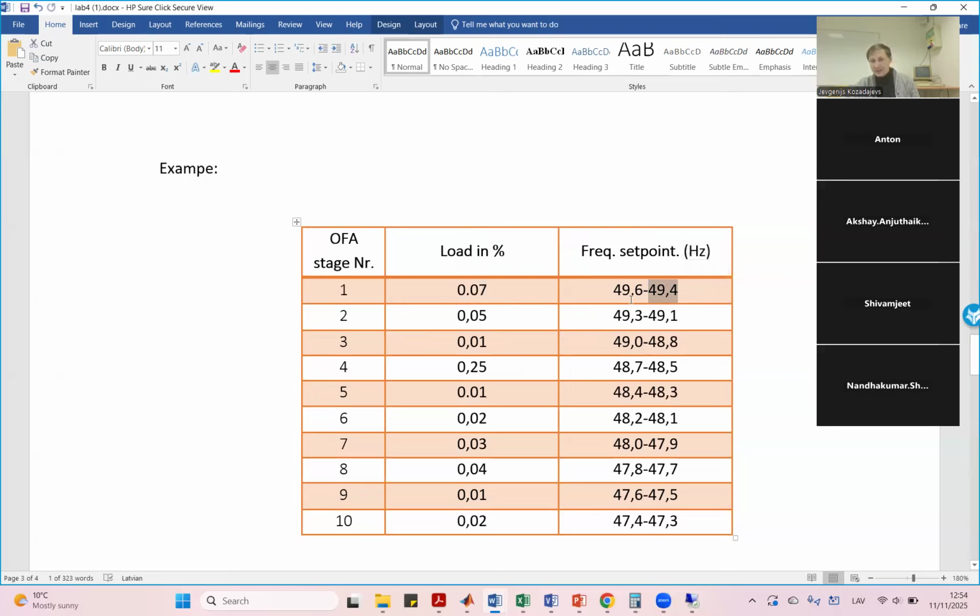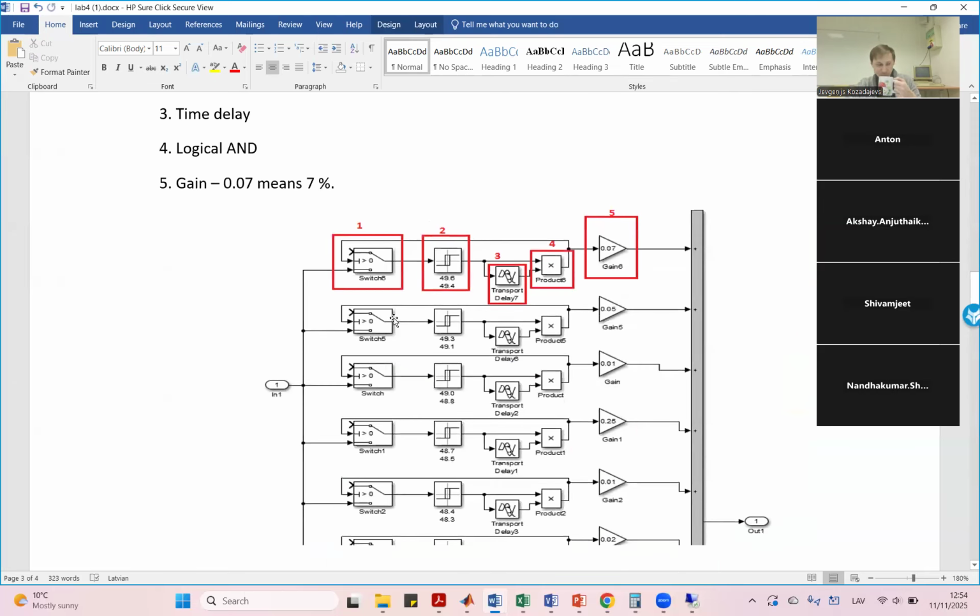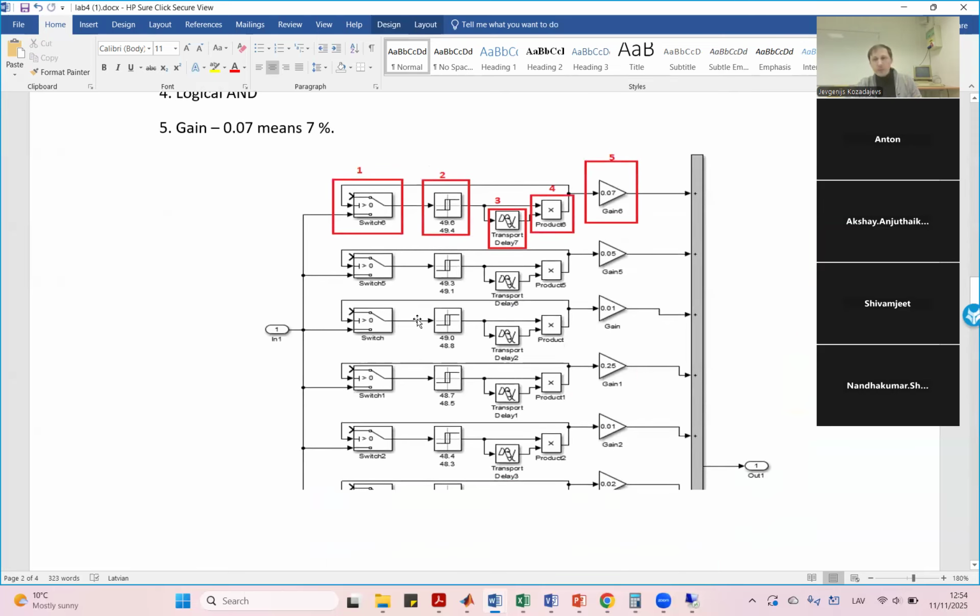Here we see not one value like a set point, but we have two. We have two limits, upper and lower limit. Why? This is because for set points we use this block for Simulink with upper and lower limit.